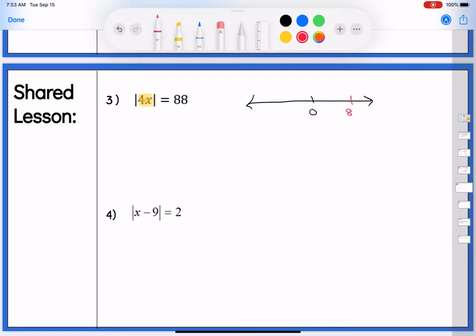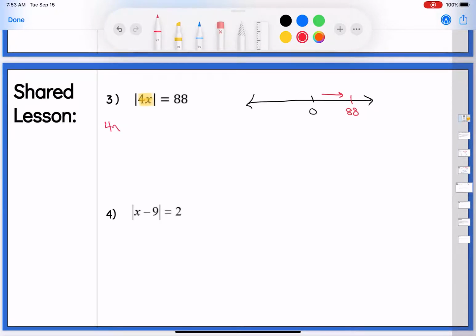So I could have my distance be 88 units to the right. So this 4x could equal a positive 88. But this 88 could also be 88 units to the left. So 4x could equal negative 88.